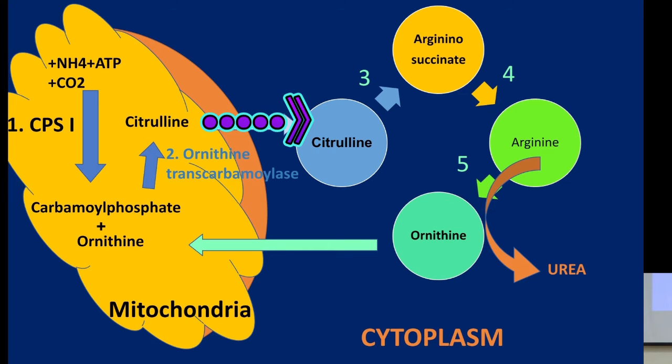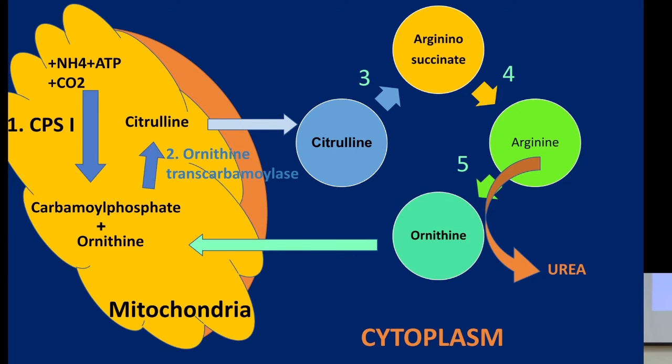And in the cytoplasm, you're going to condense it with the amino acid aspartate. Okay? So that's your other nitrogen. Think about this bold N there. This nitrogen is the other nitrogen that's going to be found in urea.